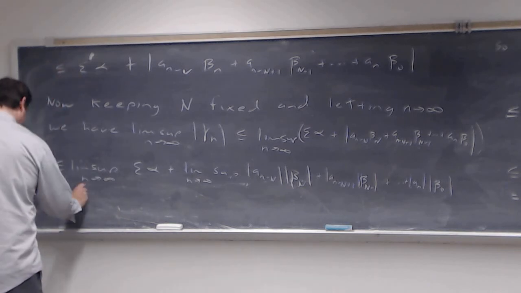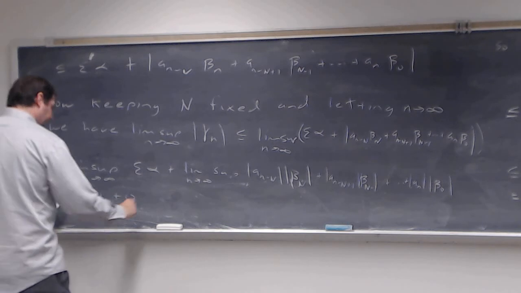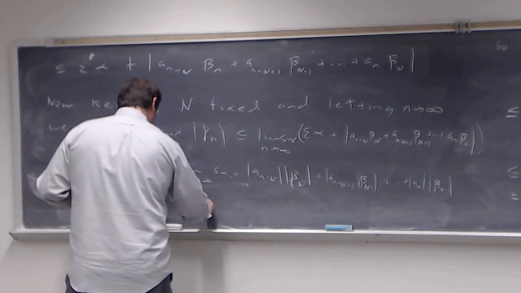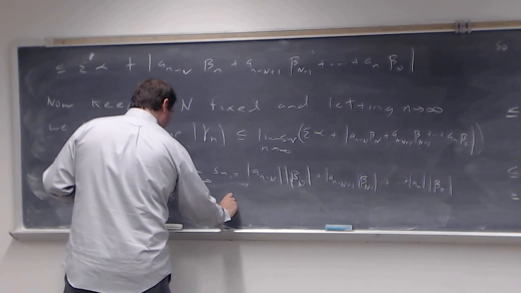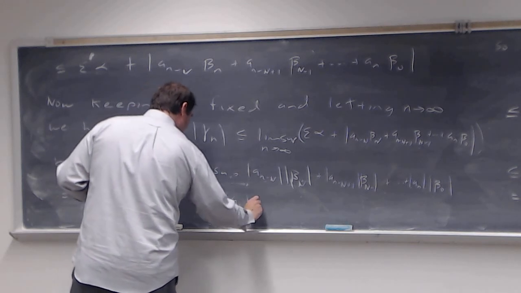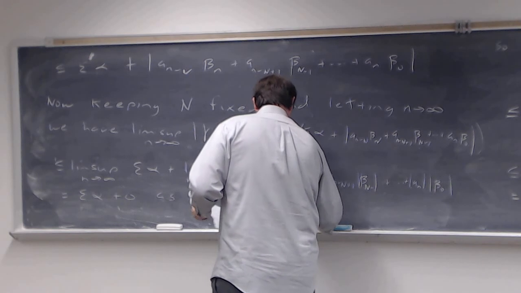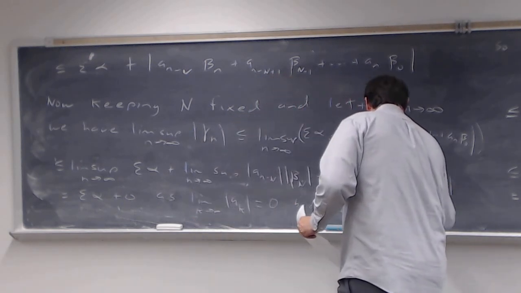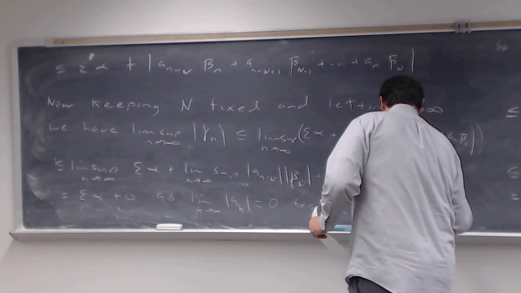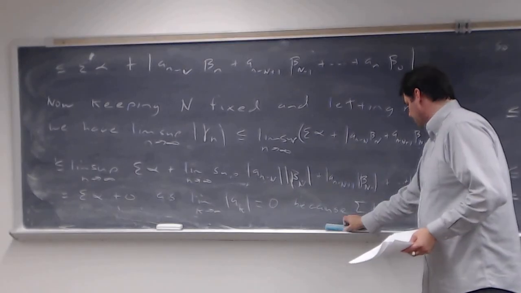So we end up getting epsilon times alpha plus 0 as the limit as k goes to infinity of the norm of a sub k's, which must equal 0 because the sum of the a sub k's converges. And so by the divergence test, this has got to go to 0, otherwise it couldn't converge.